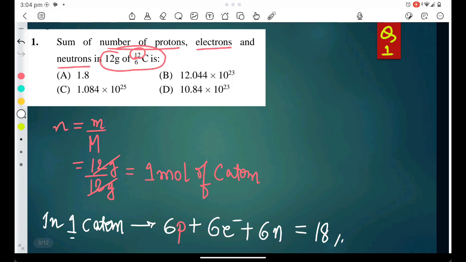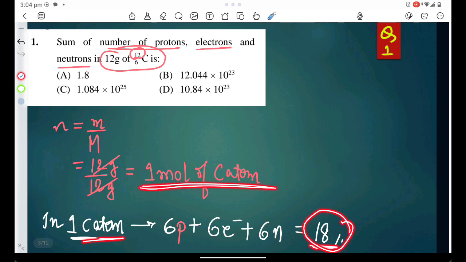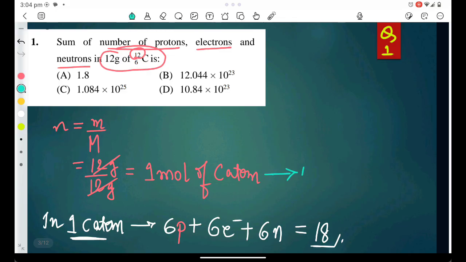So if one carbon atom contains 18 subatomic particles, then 1 mole of carbon atoms must contain 18 mole of subatomic particles, that is 18 mole of electrons, protons, and neutrons.